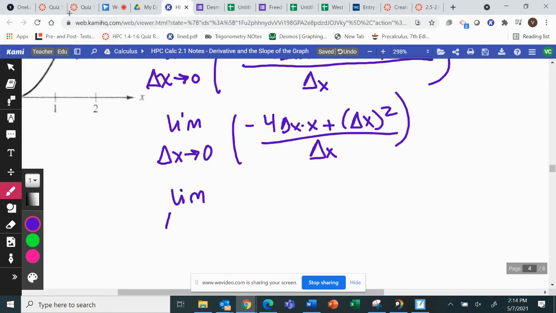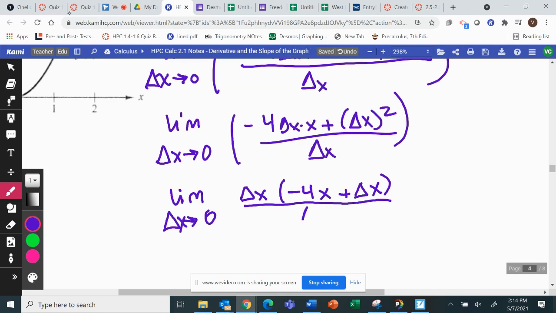Okay, so I'm going to use a different phrase than you did. I'm going to say factor out the delta x on top. So I have delta x multiplied by -4 plus delta x over delta x.